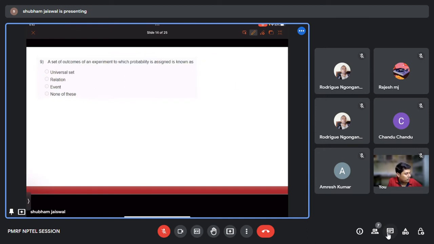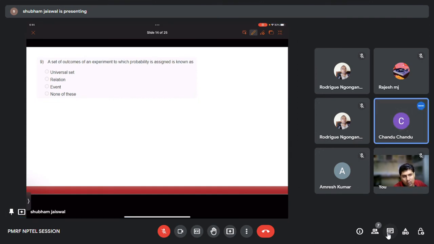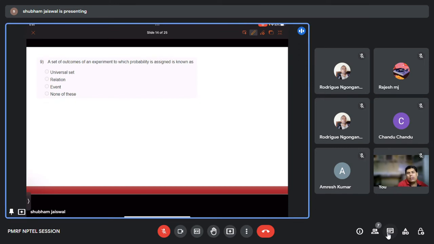Moving to our next question. A set of outcomes of an experiment to which probability is assigned is known as: set, universal set, relation, event, none of these. Universal set, sir. Okay, we have one option as universal set. So I will give you one more hint.